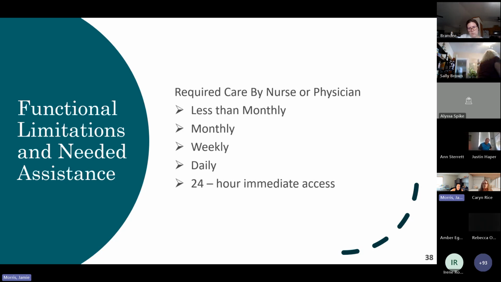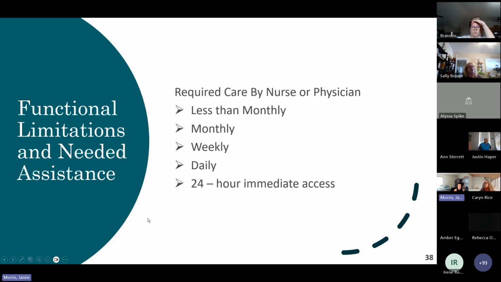These tasks, these nursing tasks, are based on whether they can be delegatable, and it's based on the need of what they have and not necessarily where they live. So if they're needing often blood tests for medication monitoring, you would consider how often they're having that done, and that might be a monthly thing, so you would choose monthly.